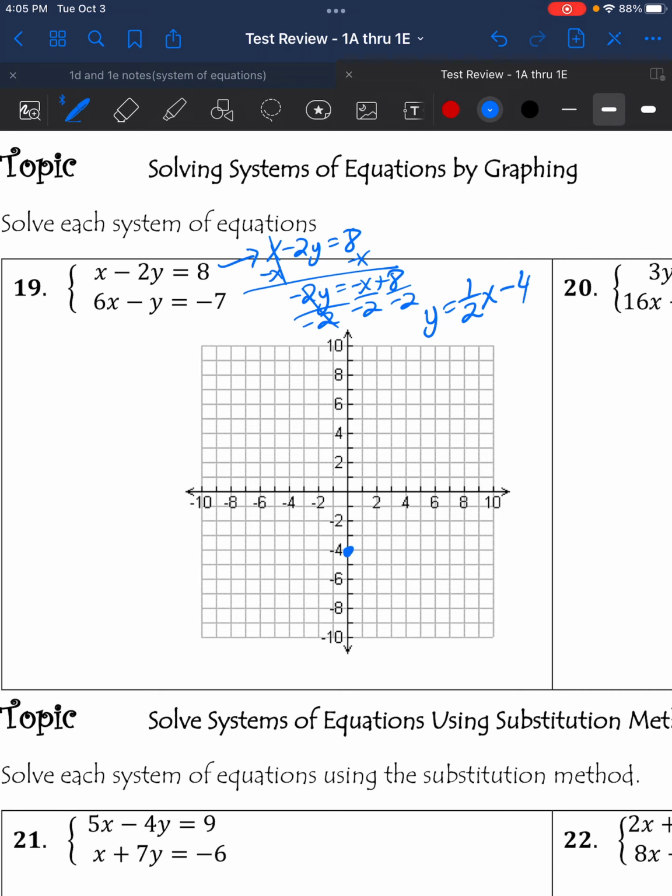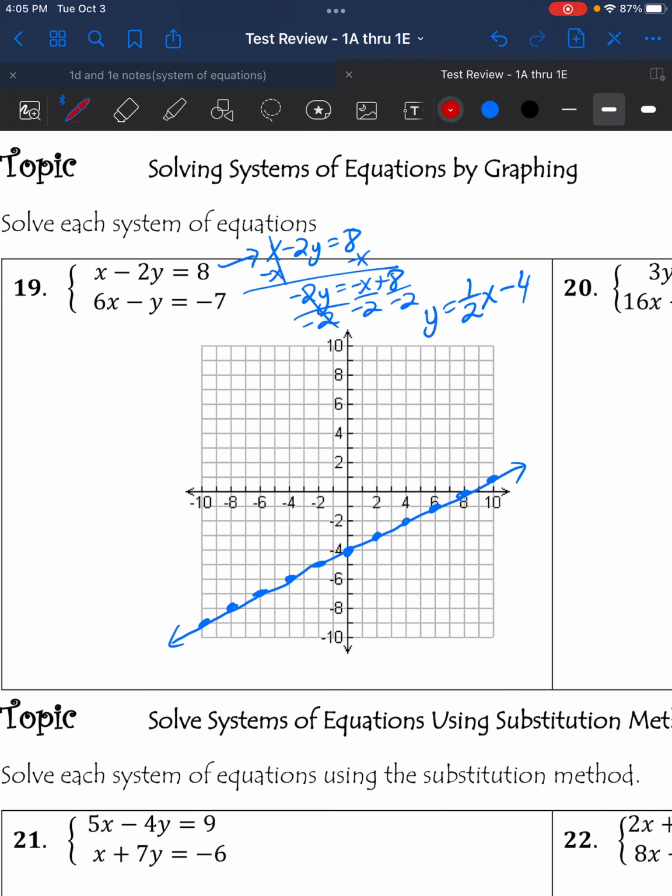You have -4 as your y-intercept, and your slope is 1 over 2. Up 1, right 2, up 1, right 2, up 1, right 2. Down 1, left 2. I'd go do all the points because one of these is most likely going to be my solution. I just don't know which one it is, so I'm going to draw them all out.